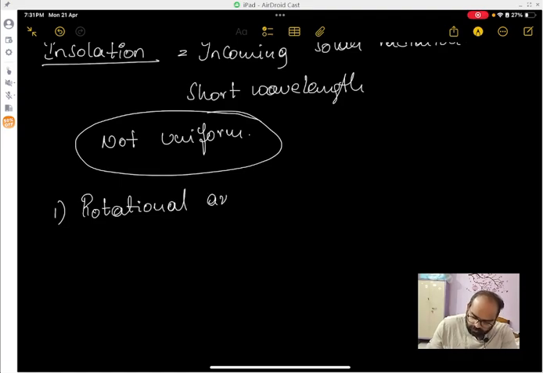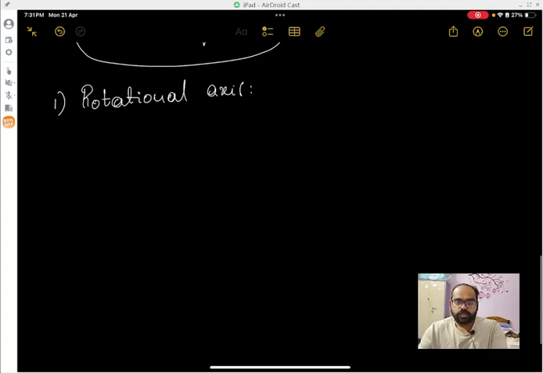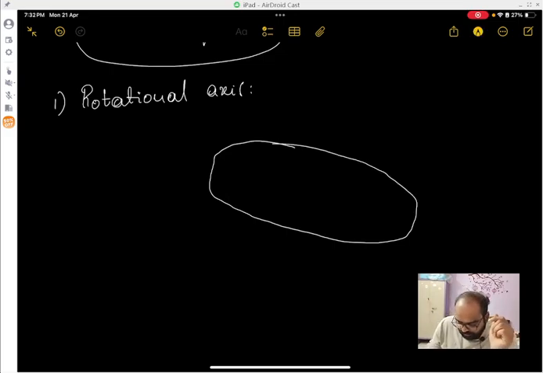What is the rotational axis? We all know that the earth is geoid in shape, that is, spherical in shape, and it is also tilted from the orbital plane. If this is the orbital plane, the earth's axis is tilted.